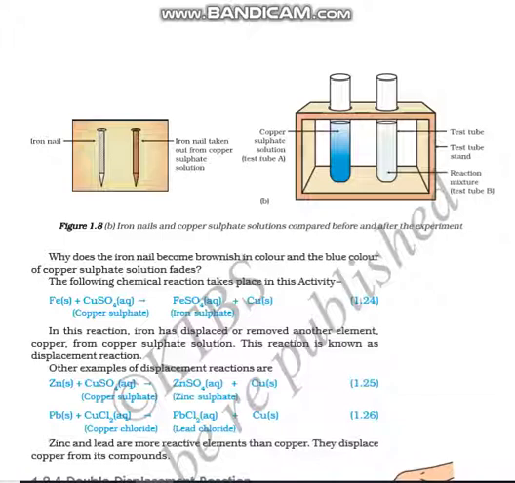So to the iron, the copper from the copper sulfate solution gets detached and attached to the iron nail, and the combination gives iron sulfate, FeSO4, plus copper is removed.